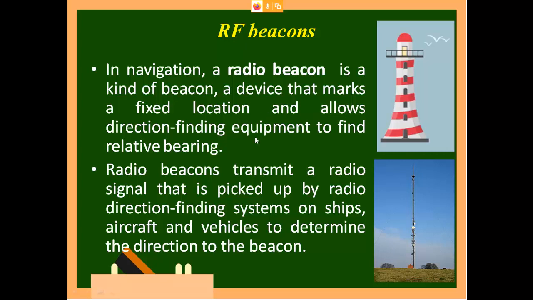Then the person on the sea will find this and work out the location. A radio signal is transmitted that is picked up by a radio direction finding system, which is on a ship, aircraft or vehicle, to determine the direction. Now, I think you all know our Chennai airport is called a Class A airport.